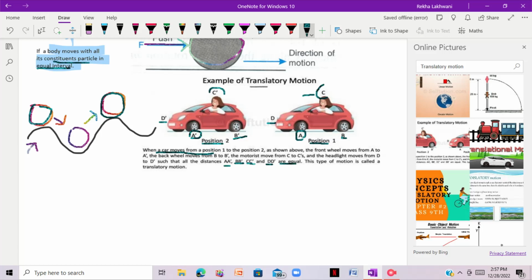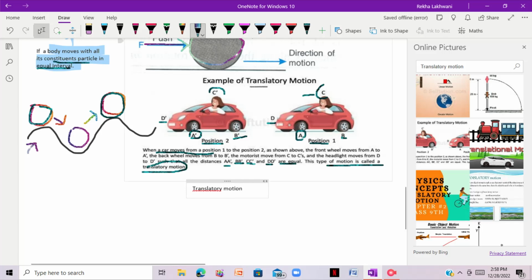Now let's divide this translatory motion. Translatory motion is divided into two more motions, right? Okay, let me write over here.